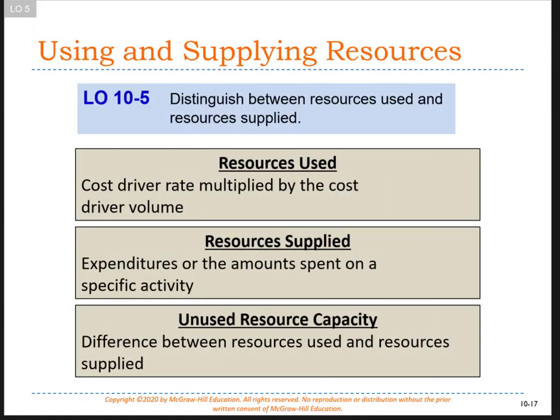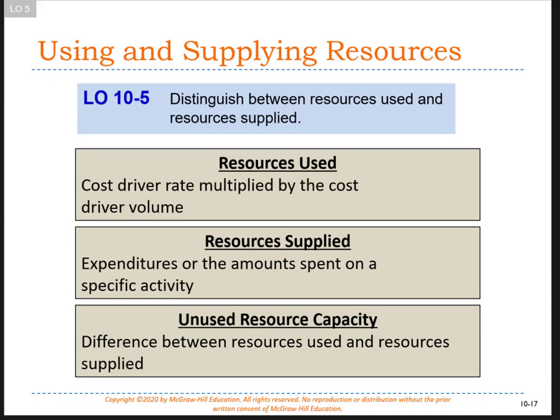Now, when we think about this cost, and especially fixed costs, we need to consider in managing that overhead cost, we need to look at the concept of capacity. Okay?